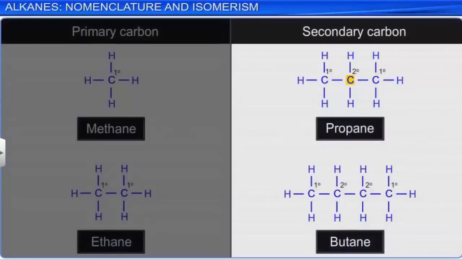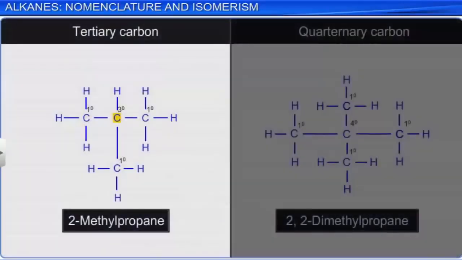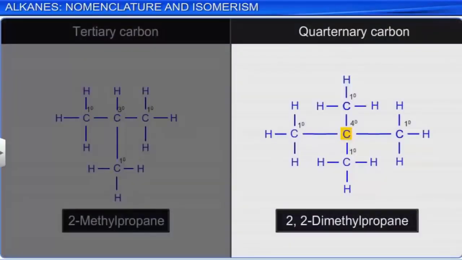When a carbon atom is attached to 2 other carbon atoms, it is said to be secondary carbon. When a carbon atom is attached to 3 carbon atoms, it is said to be tertiary carbon. And when all the bonds formed by a carbon atom are with 4 other carbon atoms, it is said to be neo or quaternary carbon.